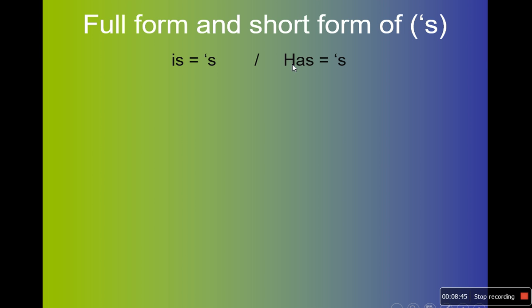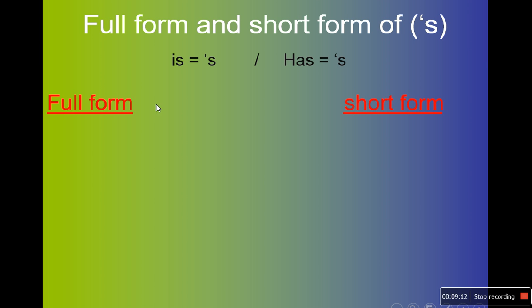The full form H, A, S, and the short form apostrophe s. So what I want to say is that these two helping verbs can be contracted, or expressed in a short form, apostrophe s. This one, okay? Let me show you other examples.